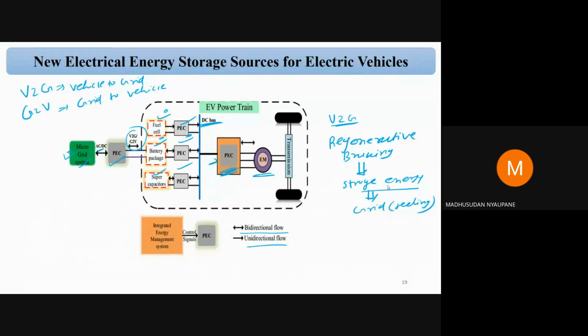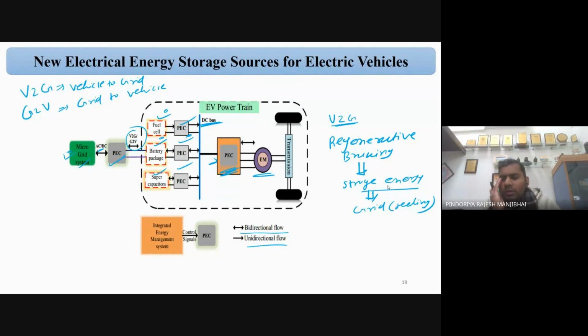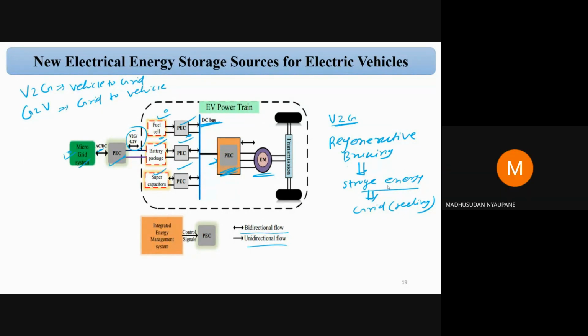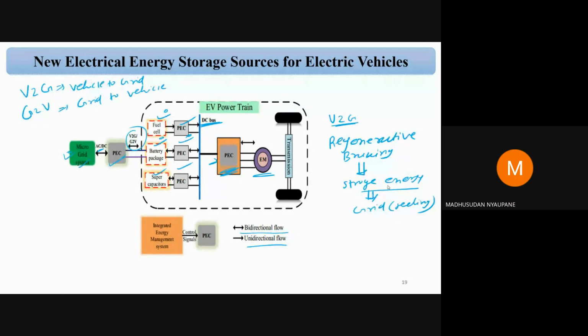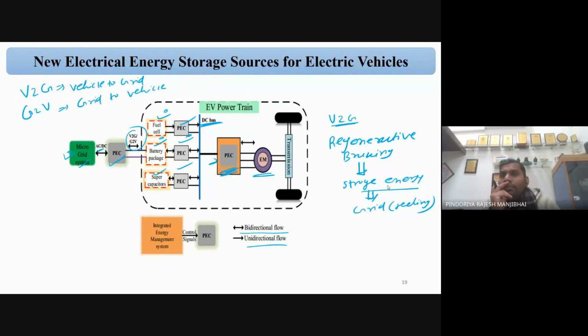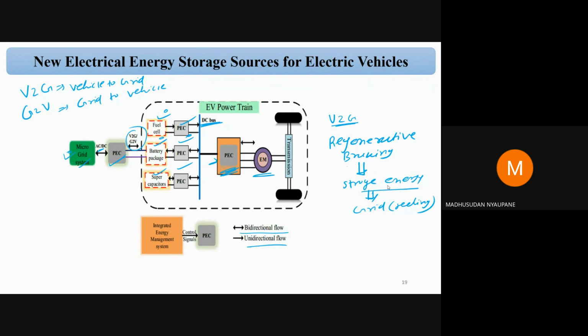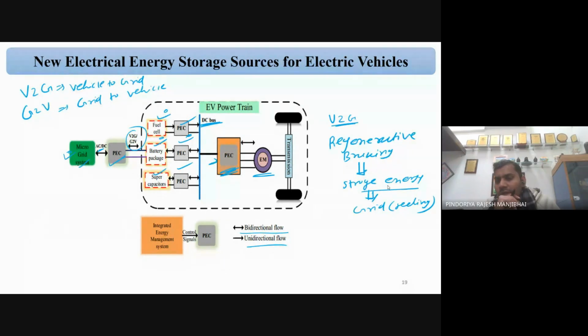Sir, is there not any problem of stability in the case of V2G? Can you just repeat? Problem, sir. Instability problem. Yes, so that's why we have to use again the power electronics converter, because here you can see the energy storage is DC.